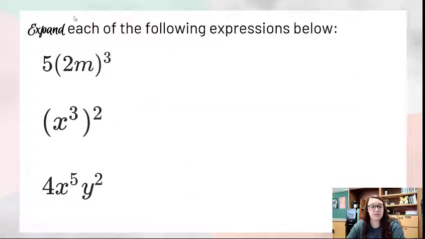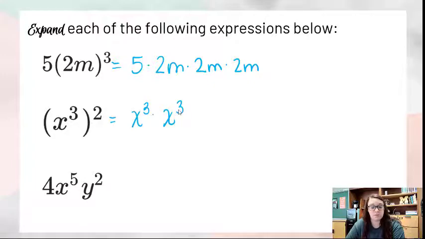Let's try some of these where we're just asked to expand it. So I'm going to write this out the long way. I've got a 5 first and a 2 times m 3 times. So I have 2m 3 times. That is the long way to write it. This time I have x cubed written twice: x cubed, x cubed.